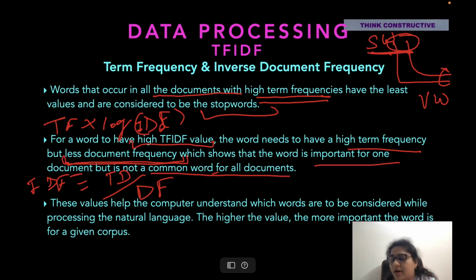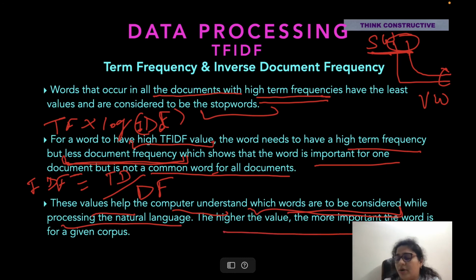All right. And then the third point is these values help computer understand which words are to be considered while processing the natural language. The higher the value, the more important the word is for the given corpus. So ultimate goal was to convert the language to numbers or tokens to numbers.